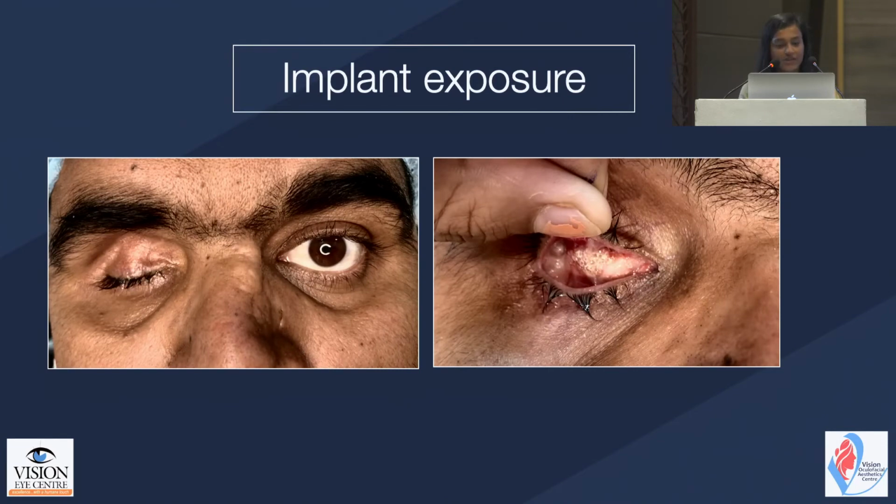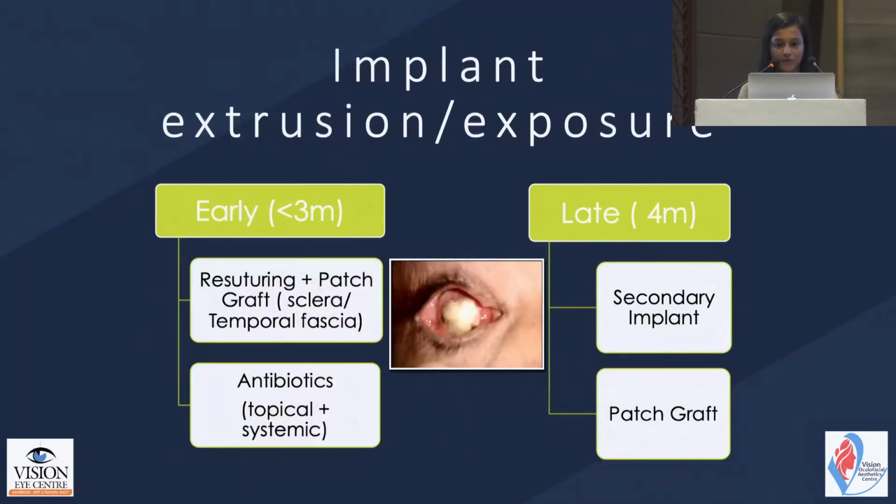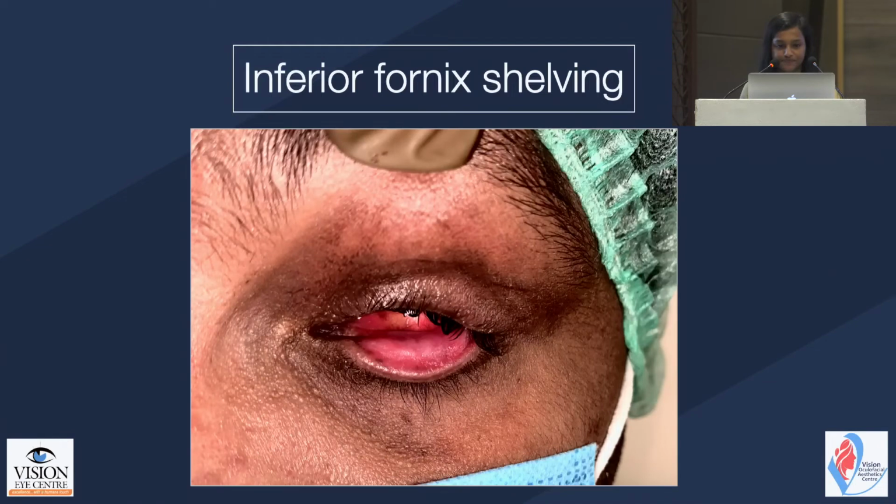Implant exposure is another issue. It could be early because of inadequate closure or because of an infection which develops, or a late cause like fibrosis or pressure atrophy because of the tissues which overlie the implant. So this is how that would look. These can be again treated conservatively or with a patch graft or a secondary implant.